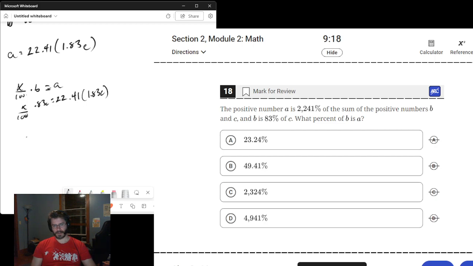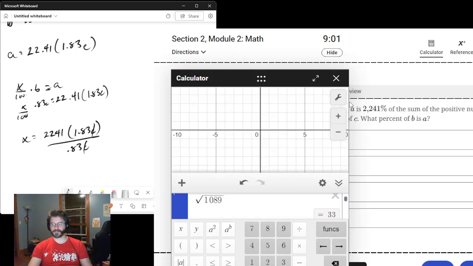Divide that over, x equals, multiply the 100 as well, 2241, 1.83C divided by 0.83C, the C's cross off. Calculator time.